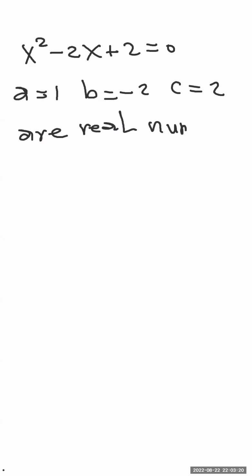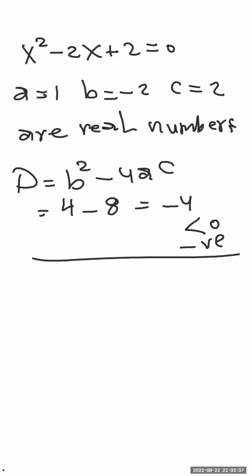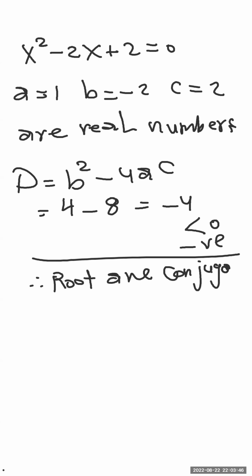The discriminant equals b squared minus 4ac, which is 4 minus 8, so the discriminant equals -4. It's smaller than 0, or negative. Therefore, roots are conjugate complex roots.